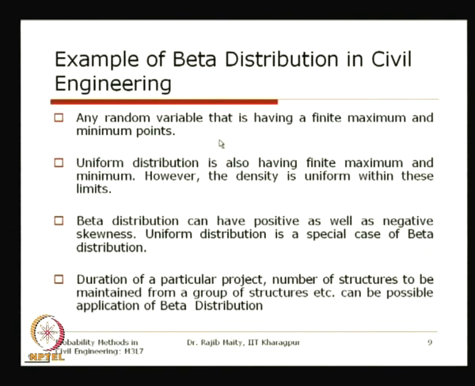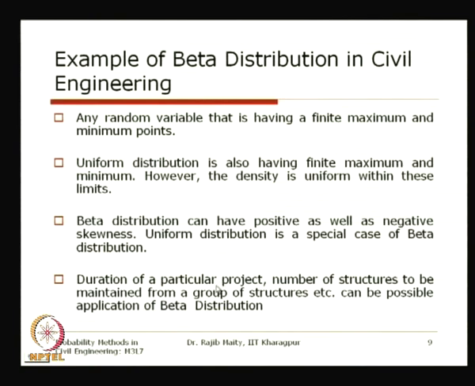For the beta, just by controlling those parameters, you can have different shapes and sizes of the probability density function. The beta distribution can have positive as well as negative skewness. Uniform distribution is a special case of the beta distribution, as we just discussed. The duration of a particular project is an example in civil engineering.